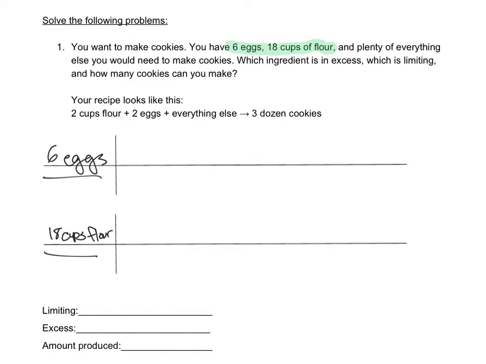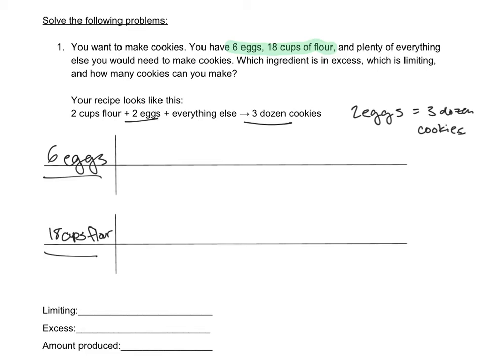Just like we did with stoichiometry, we're going to look at our chemical equation, which here is the recipe. It says if you have 2 eggs in the recipe, you can make 3 dozen cookies, which is a conversion factor that we can plug into the chart.